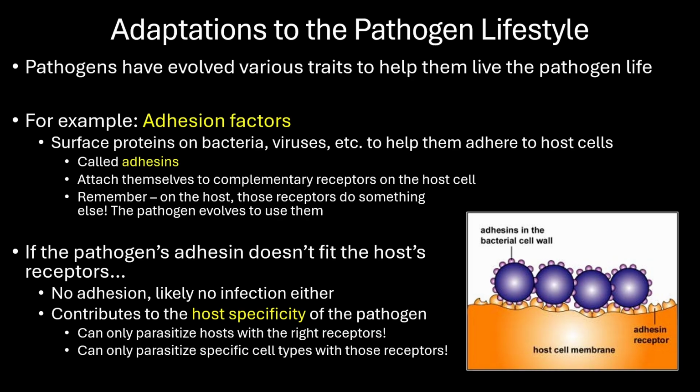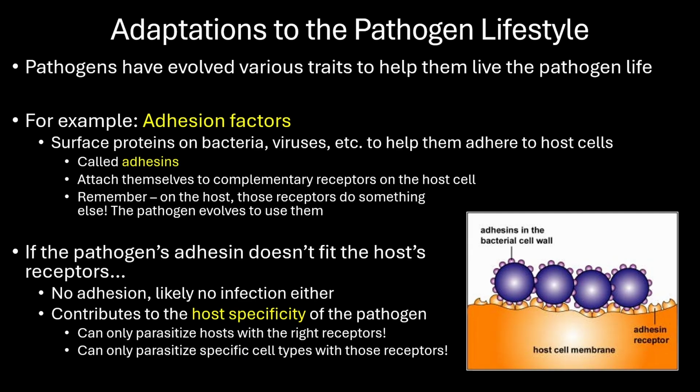Special chemicals that allow them to stick onto a surface, hold onto complementary receptors, special proteins that are on the host cell. Now remember, on the host, these special receptors that these bacteria are grabbing hold of, they're not there for the bacteria to attach to. They serve some other function that is important to the host cell. The pathogen has just evolved to utilize them as a point of adhesion.